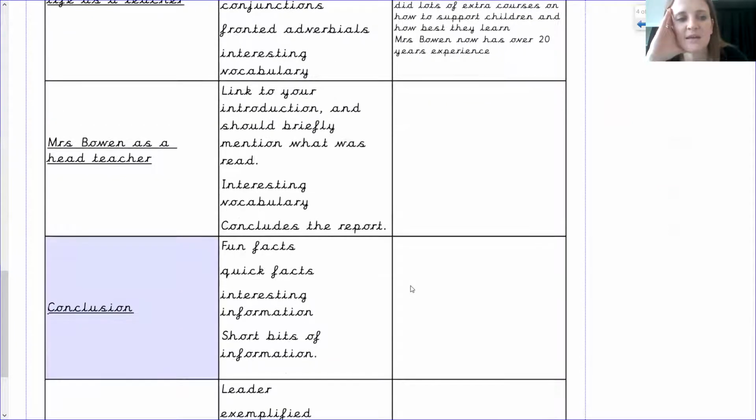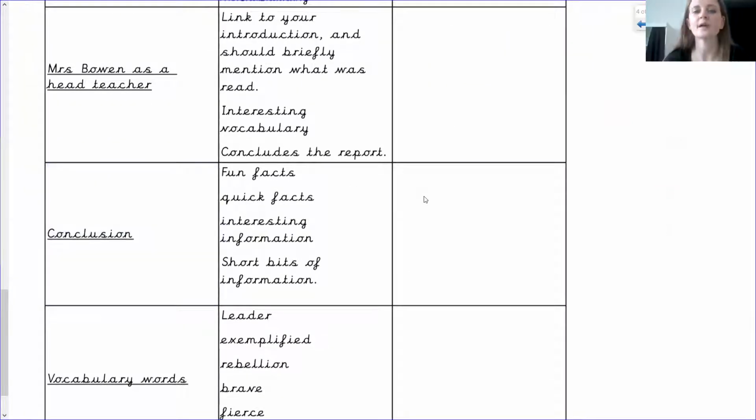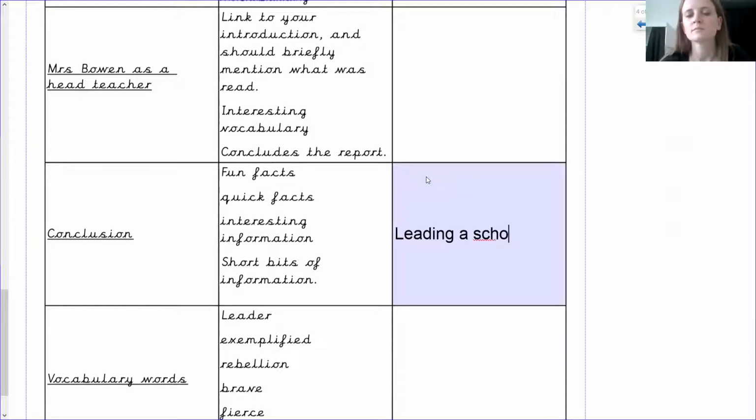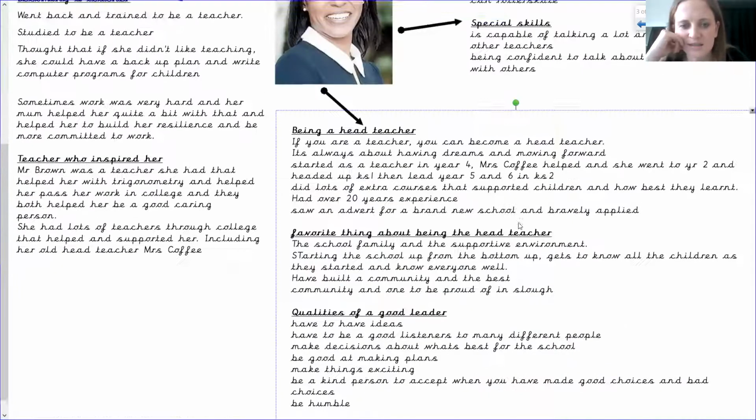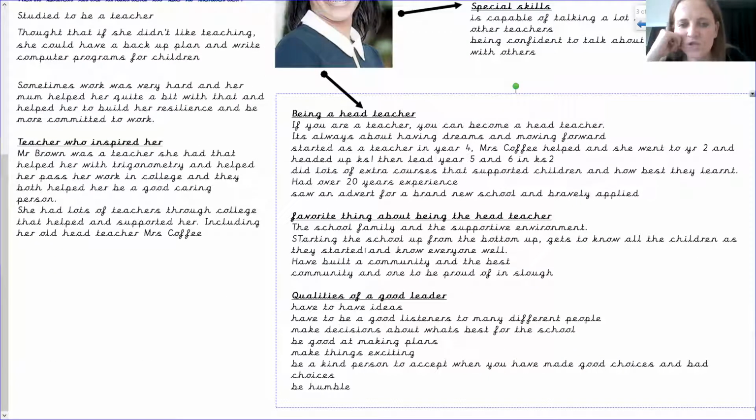So we could say things like, leading a school requires, and then we could think about some of the things Mrs. Bowen said. So she said that you need to make decisions about what's best for school, be a kind person, you need to be humble, you need to be able to make things exciting.